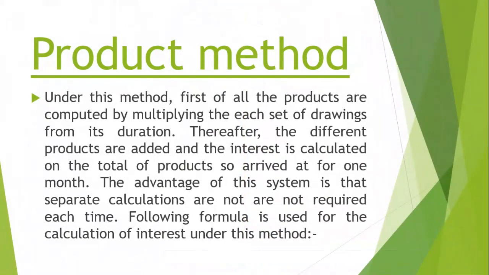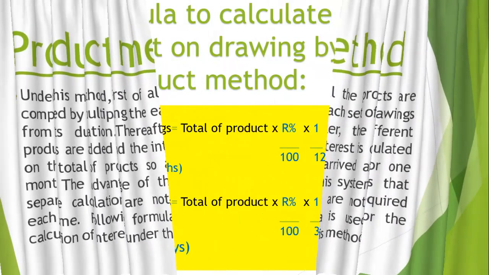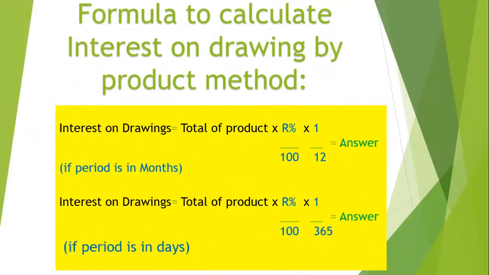So we calculate interest on drawing for 1 month from the total of the product. The advantage of this system is that separate calculations are not required each time. The following formula is used for the calculation of the interest under this method. You know, this is the formula, right? So you can note it down.